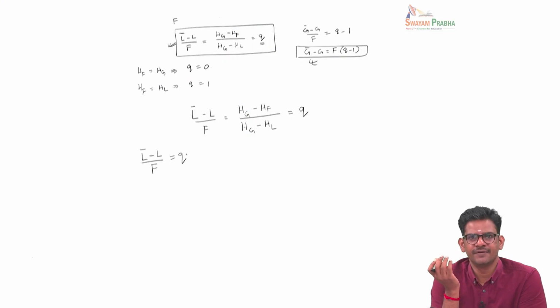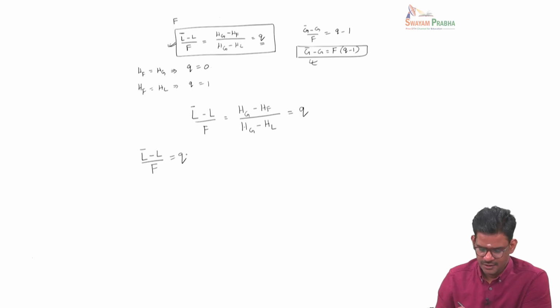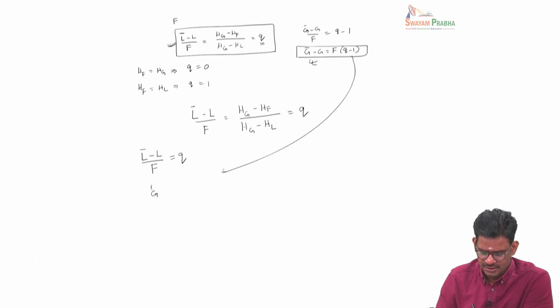So that difference in the liquid flow rate is supplied by the feed. Therefore Q defines the fraction of liquid present in the overall feed. And we can also write from this equation that G bar minus G is also related to F times (Q minus 1).